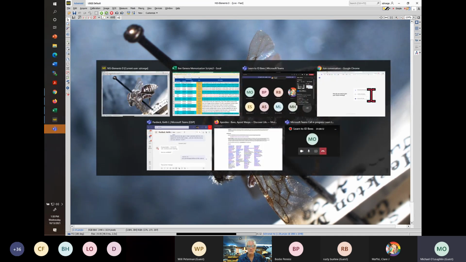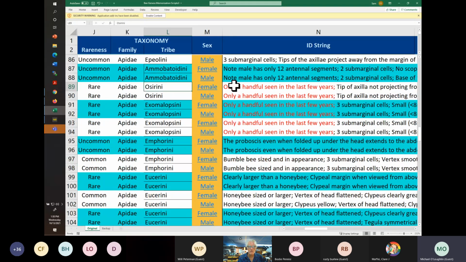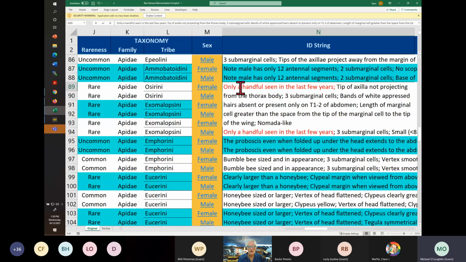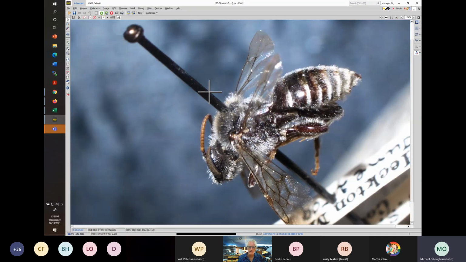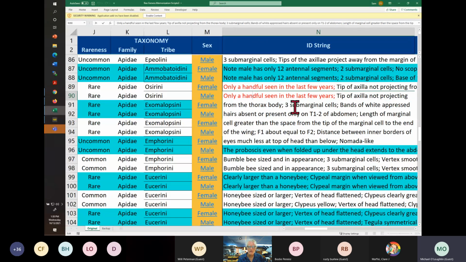So let's go to the guide here, and let's bring this up a little bit. So here is, oh, I don't know if I'm looking at a male or female. It looks like a male to me. So if we go to the male, we see that the axilla are not projecting out, even though it has the vibe of appressed hairs.